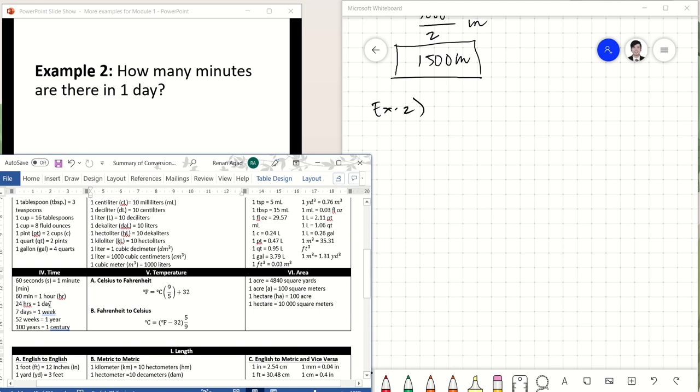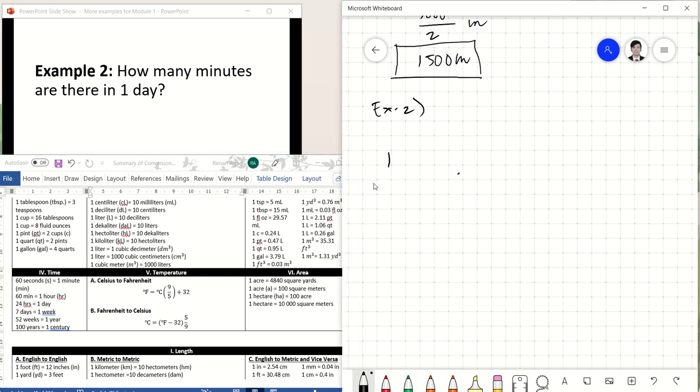So you must pass through hours, then hours to minutes. Write one day here, and then you put day in the denominator. Convert it into hours, and finally, hours to minutes.